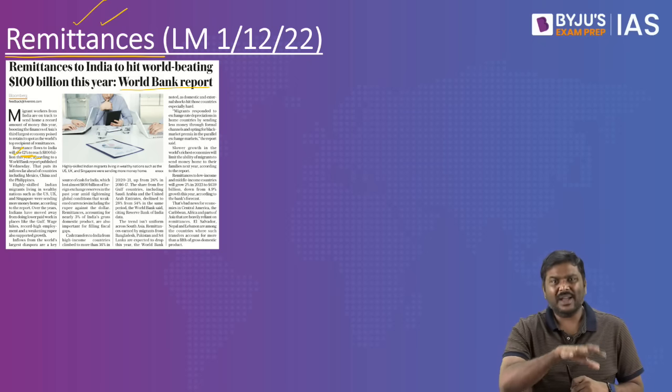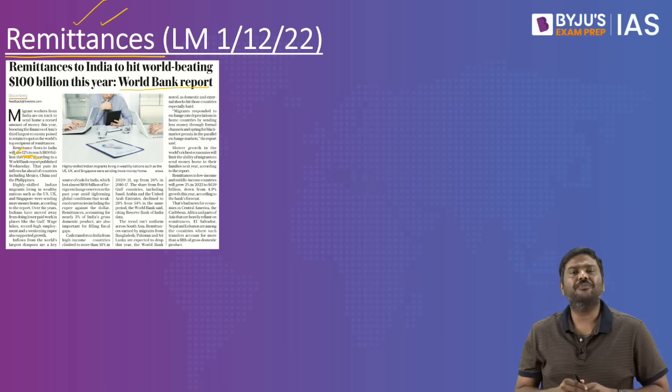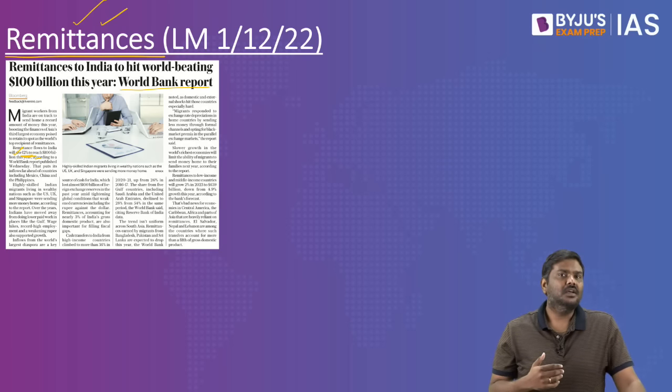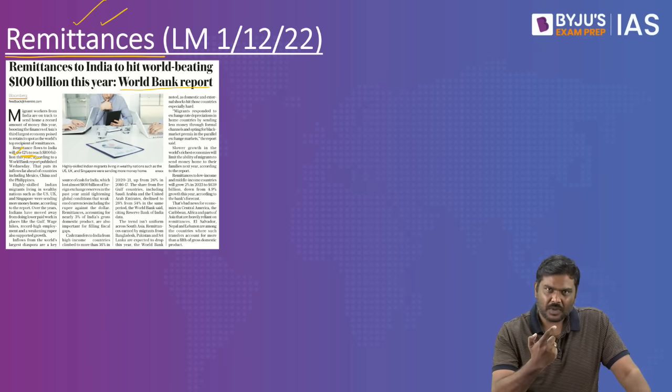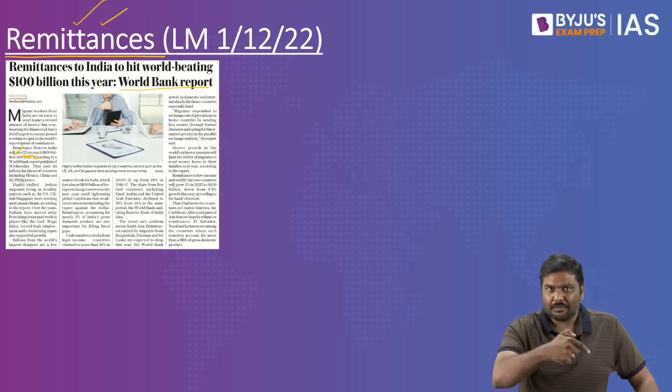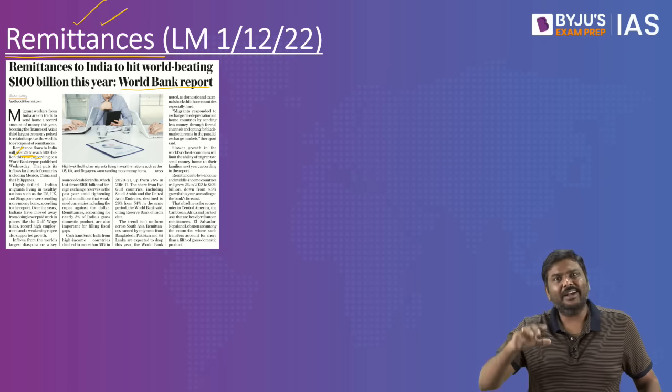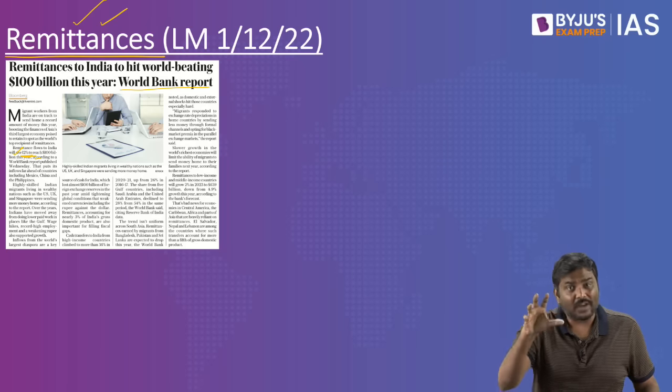But as per the World Bank report, there is a changing trend now. Rather than getting more informal jobs in the Middle East, more and more migrant labor from India are getting very good quality jobs, jobs requiring better skill sets, in developed economies such as the USA or Australia.